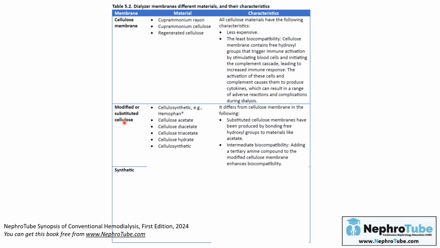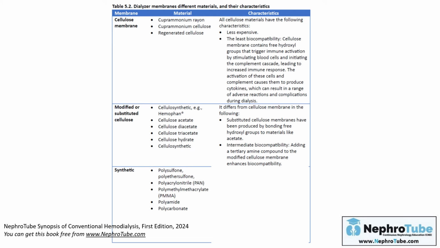What is the modification they did for the cellulose to give it better compatibility? They bound a free hydroxyl group to the cellulose, for example acetate. This decreases the antigenicity of the cellulose membrane and makes it more compatible.